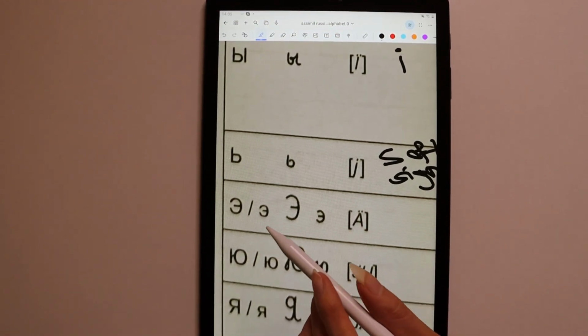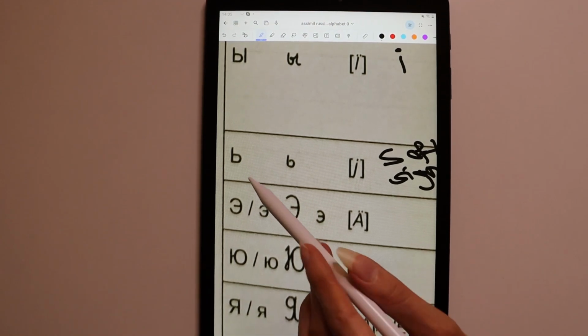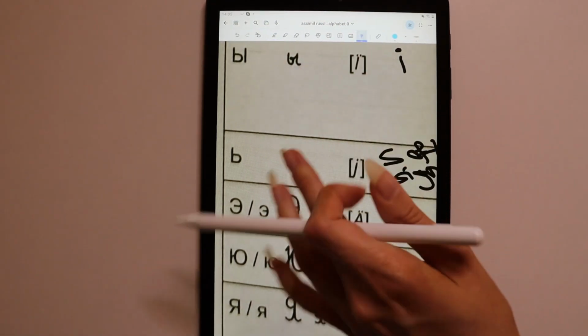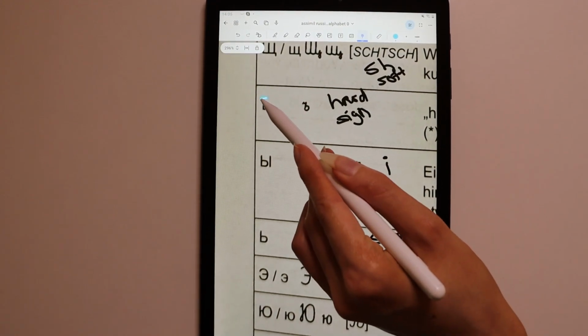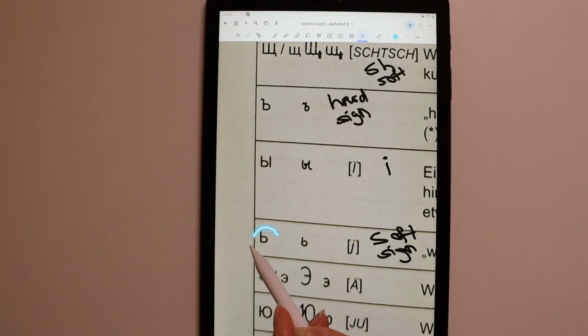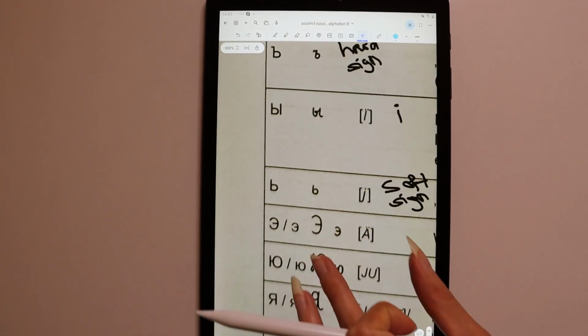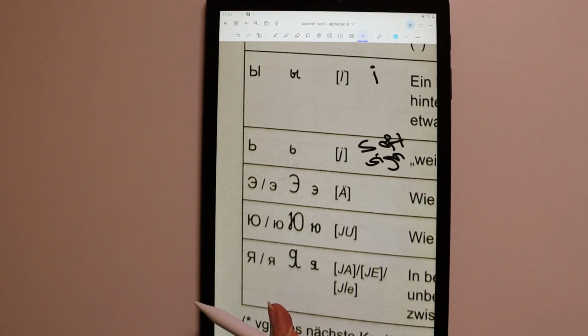The soft sign, miękki znak, looks like the hard sign, but the hard sign has this small line attached to it, and the soft sign has no extra line at all. So the letter before the soft sign is a soft letter, so it's pronounced soft.